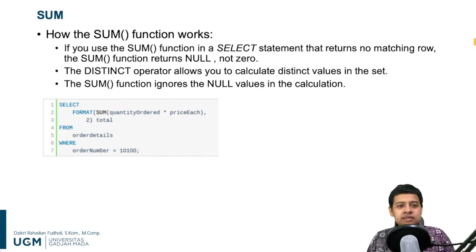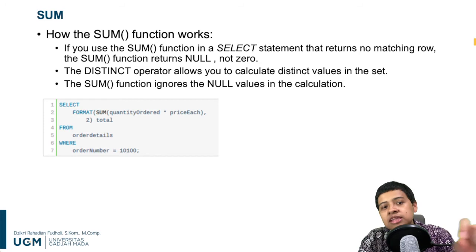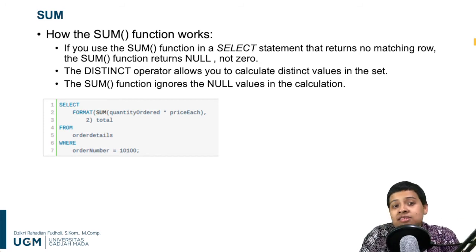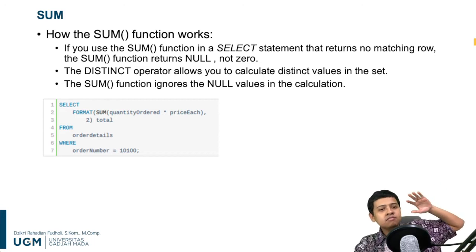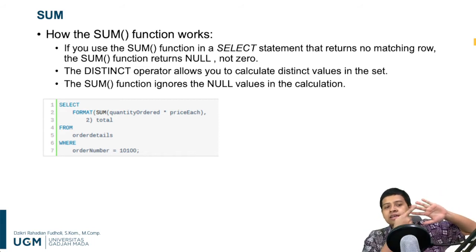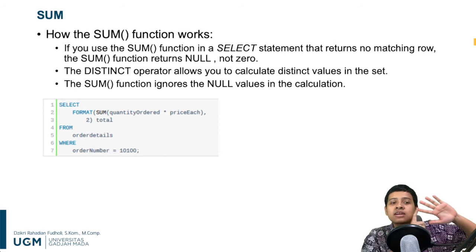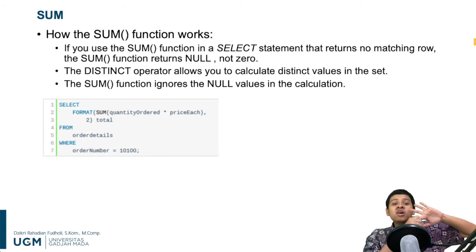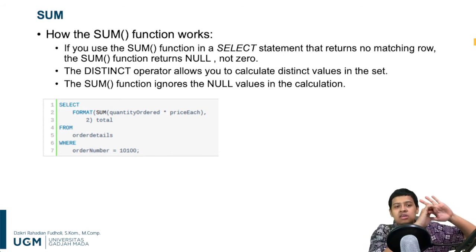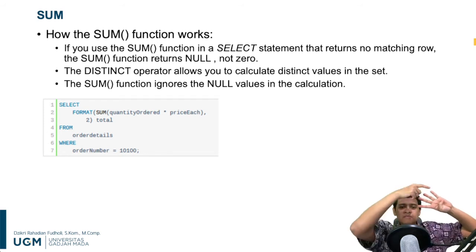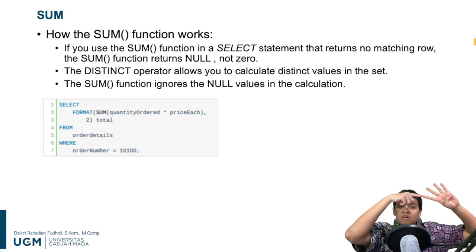Lastly, the sum function works by ignoring the null values in the calculation. For example, if we have 5 rows, and in these 5 rows we have one null, then we will ignore this row as if it does not exist. So for example, we have 1, 2, 3, 4 over here.